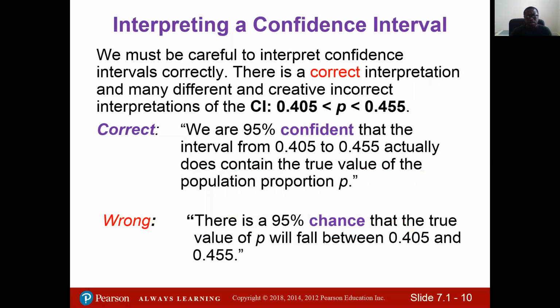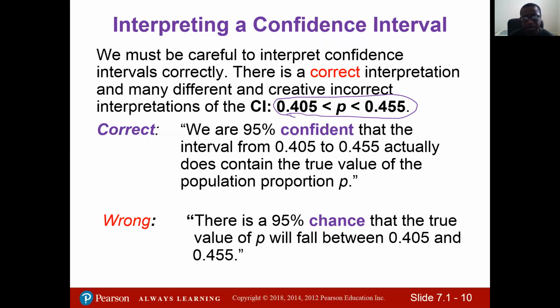Now, it is important to know the right way to interpret this confidence interval. Assuming that we are given the confidence interval for a proportion, and we're always going to round this to 3 decimal places, how do you interpret a 95% confidence interval?